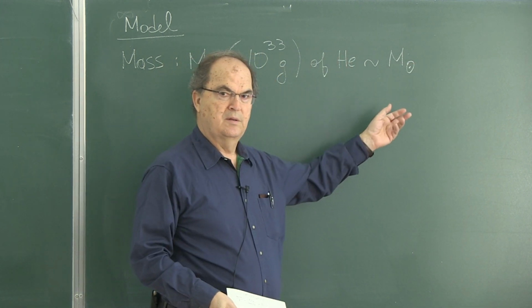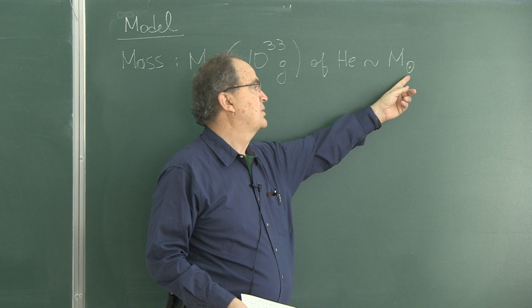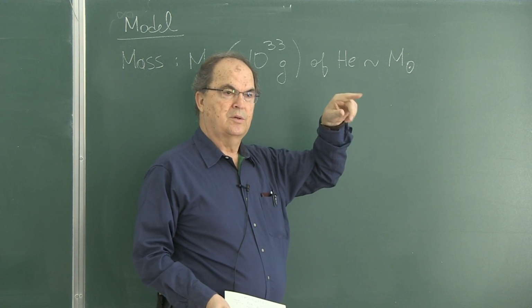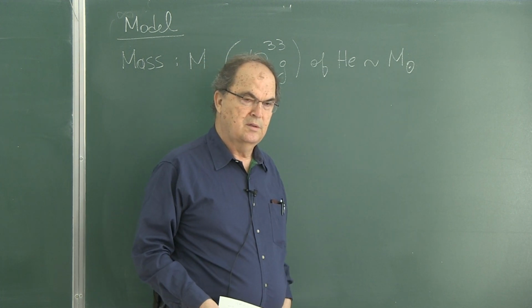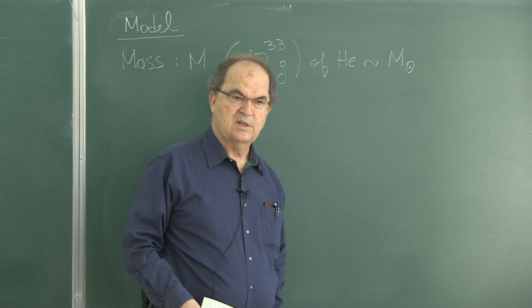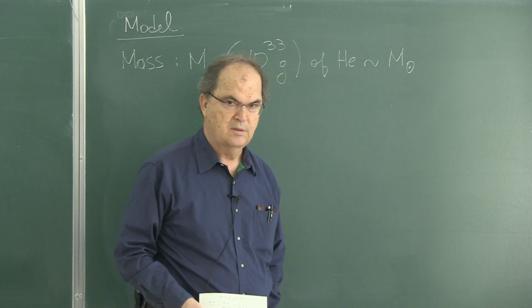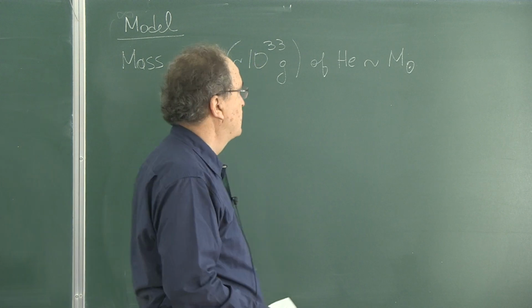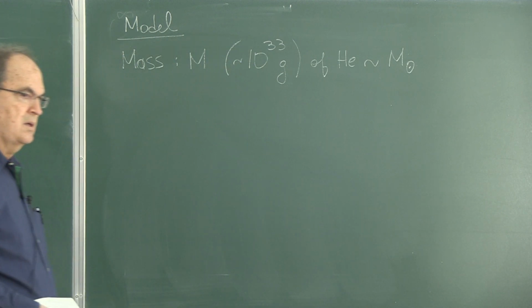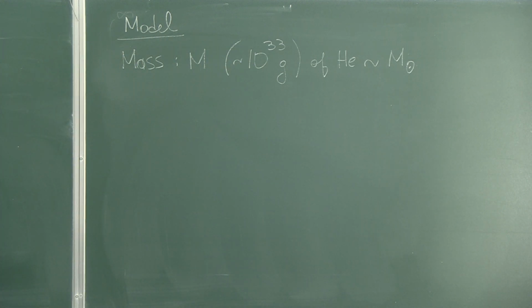This is the symbol for our sun. A circle and a dot at the center means sun, our sun, okay? So the stars have the mass of more or less like the mass of our sun.